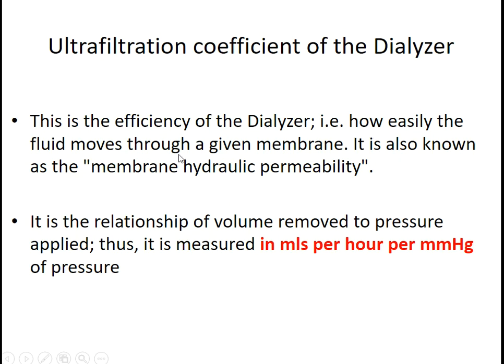How easily the fluid moves through a given membrane. It's also known as the membrane hydraulic permeability. It is the relationship of volume removed to pressure applied. Thus, it's measured in mL per hour per mmHg of pressure.